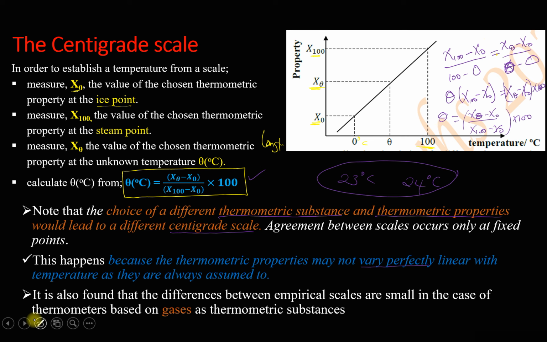It is also found that the difference between the empirical scales or the experimental scales are smaller in the case of thermometers based on gases as thermometric substances. So instead of using liquids such as mercury or alcohol, experiments have shown that if the thermometers use gas, then the disagreements in the temperatures measured become even smaller.